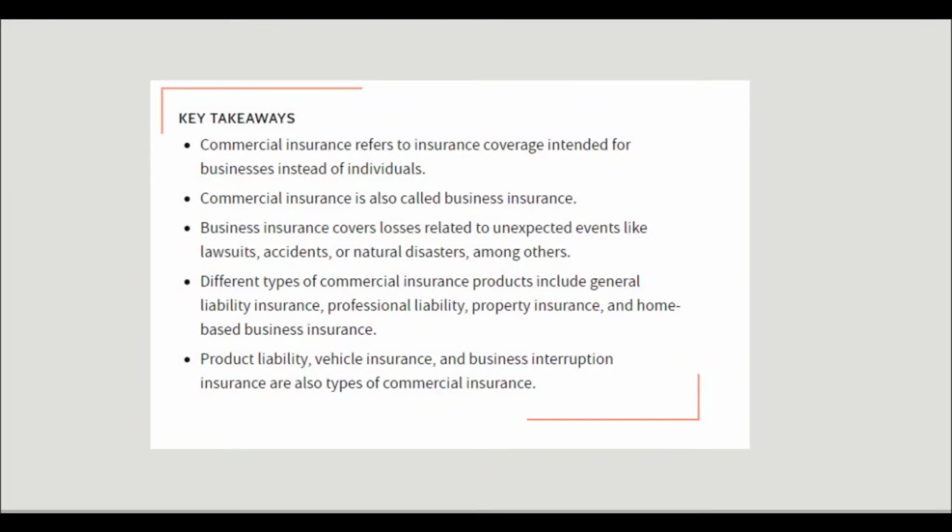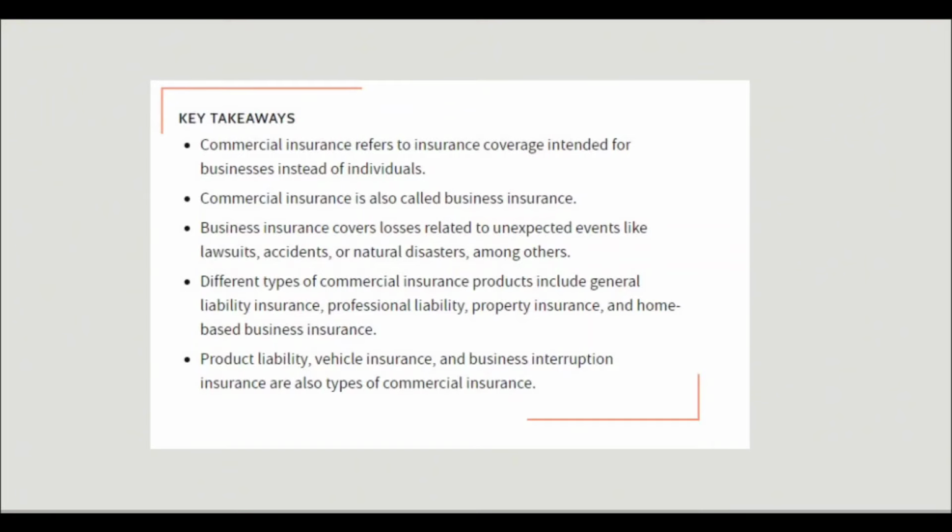Key takeaways. Commercial insurance refers to insurance coverage intended for businesses instead of individuals. Commercial insurance is also called business insurance. Business insurance covers losses related to unexpected events like lawsuits, accidents, or natural disasters, among others.